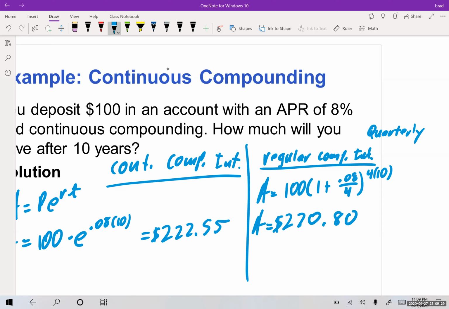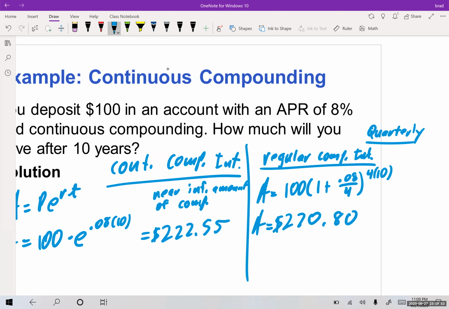So notice we only gained, what did we gain? Not even $2, like $1.70 by compounding it a near infinite amount of times versus compounding it quarterly. We are approaching an infinite amount of compounds, and we only gained $1.70.